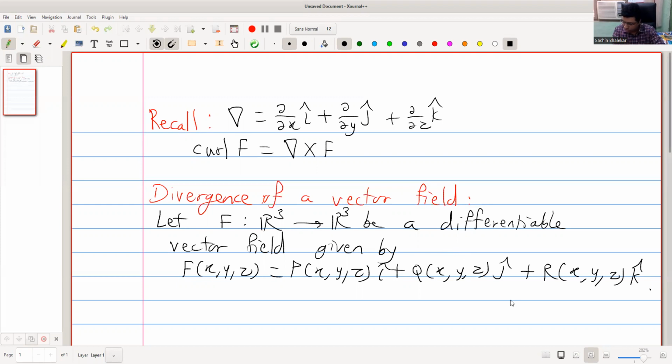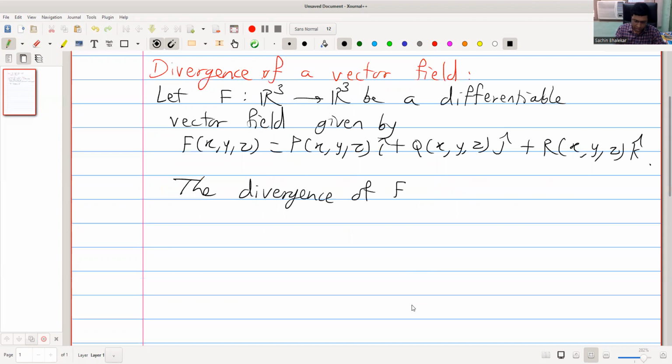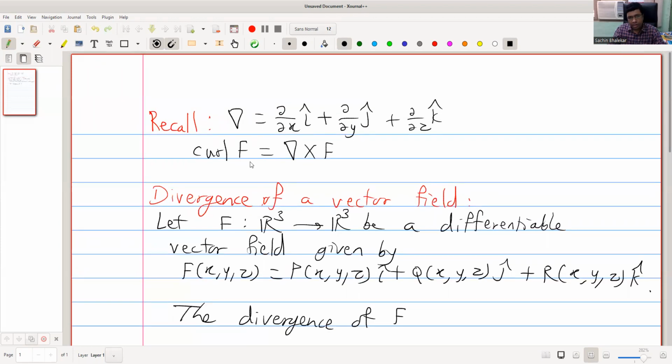The divergence of capital F is a scalar field. Okay, remember that. Curl of a vector field is again a vector. This del cross F is a vector.